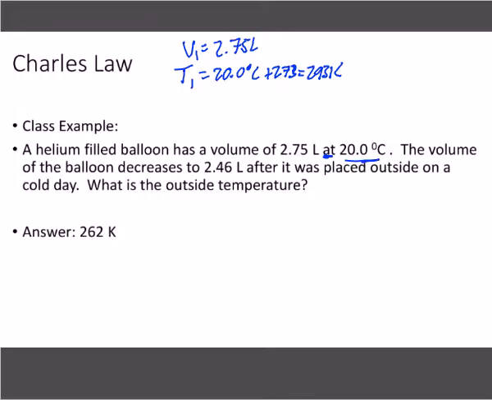The volume of the balloon decreases to 2.46 liters. So V2 equals 2.46 liters. If it is placed outside on a cold day, what is the outside temperature? So this right here, guys, is why if you look at your basketball in the wintertime, on one day it's one volume, it's pumped up, it's got enough air in it. The next day, if it's really cold, it might be flat.